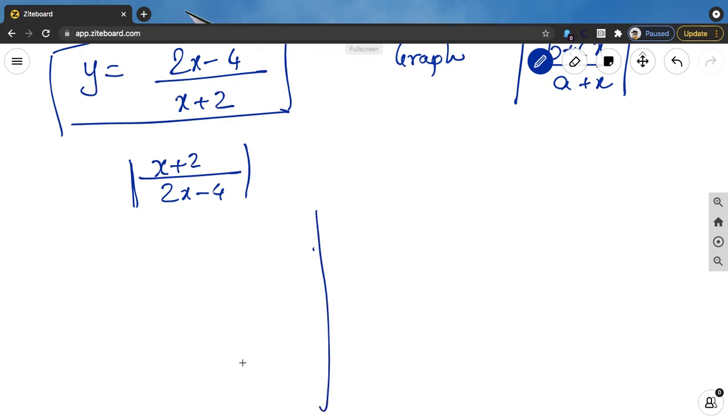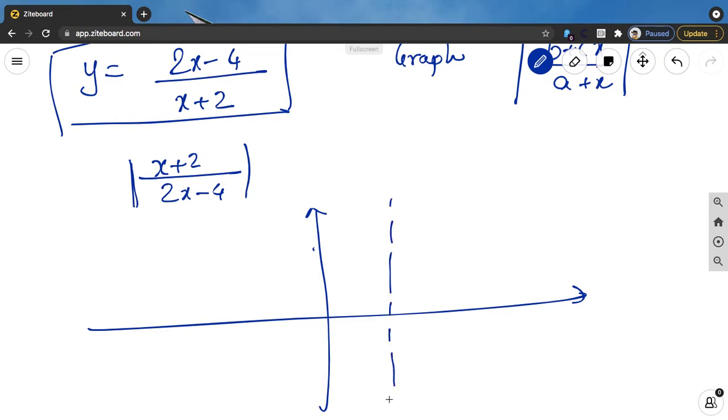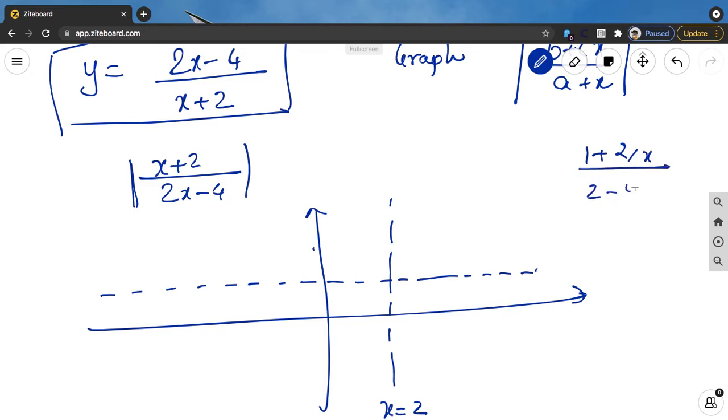So let me first graph this (x + 2) upon (2x - 4) and then tell you how the modulus looks like. The vertical asymptote will be wherever the denominator is 0, x equal to 2. The horizontal asymptote will be (1 + 2 by x) upon (2 - 4 by x).